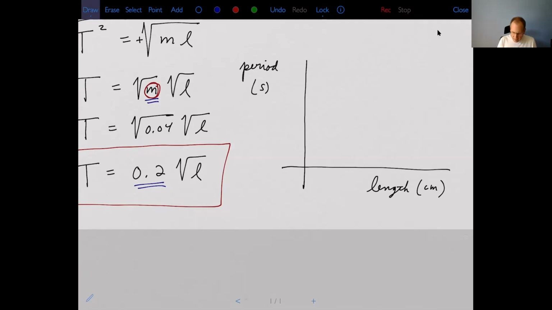If I plot this square root function, it's sort of like a sideways parabola. So it looks kind of like that when you plot it. Okay, and again, I'll show you guys this when we talk about the graph for this particular part where I do period versus length, but it should look like a sideways parabola. All right, great.